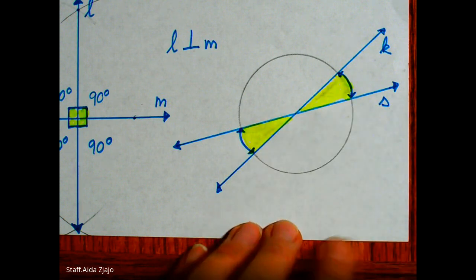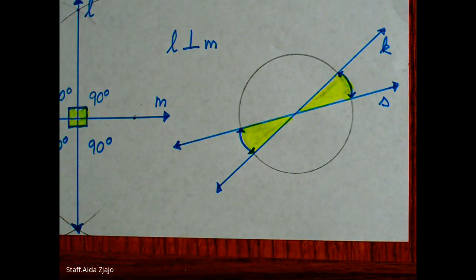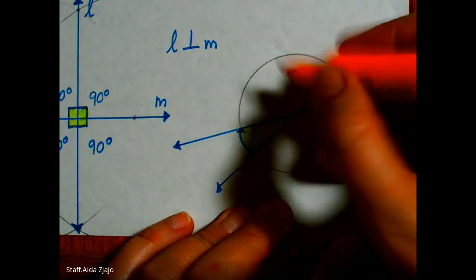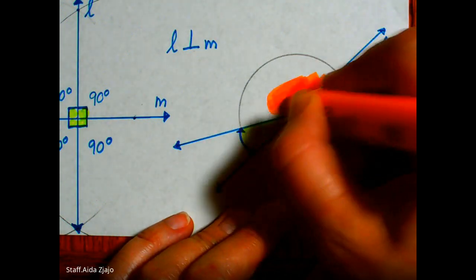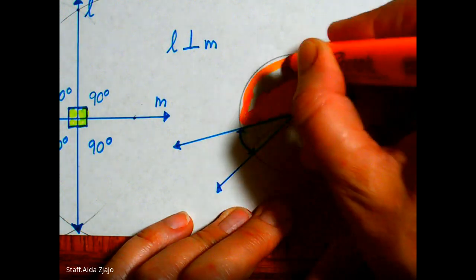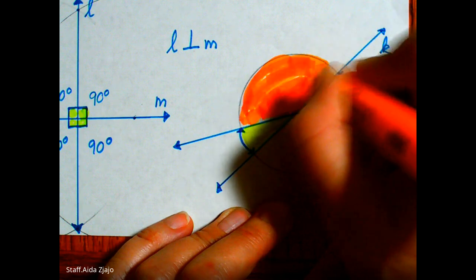And then I will have, let's say, orange are obtuse. So these are obtuse angles. You can make it bigger or smaller, it doesn't matter, but I can show you this is obtuse.